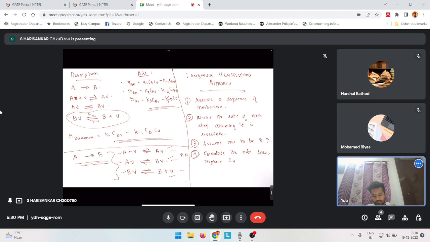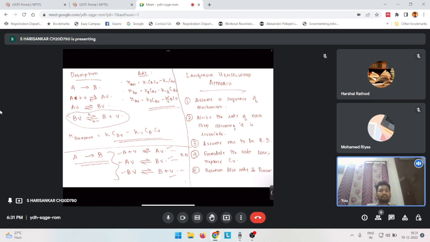From these four steps, you can find the rate law, and you can even find the relation between rate and pressure.